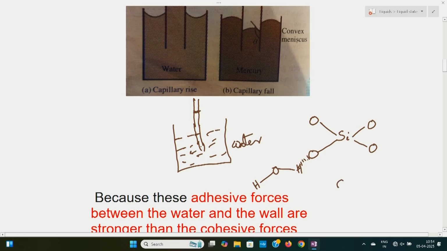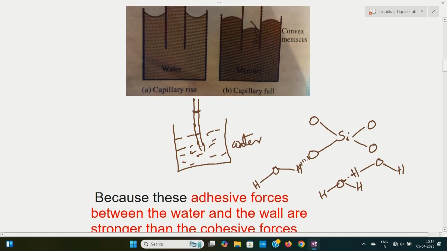We know that water molecules have strong hydrogen bonding. Here we have hydrogen, and here another water molecule. The oxygen of this water molecule and the hydrogen of the other water molecule interact, and this force is called cohesive force, the force between the same molecules.